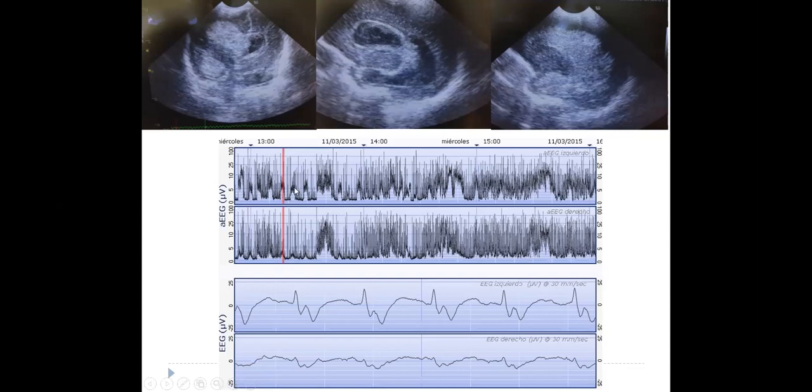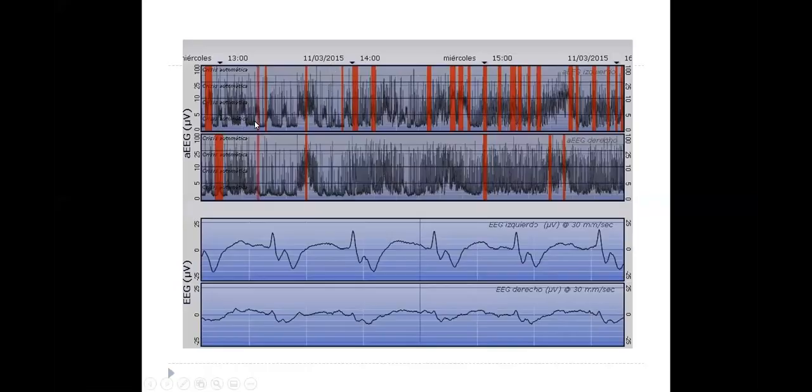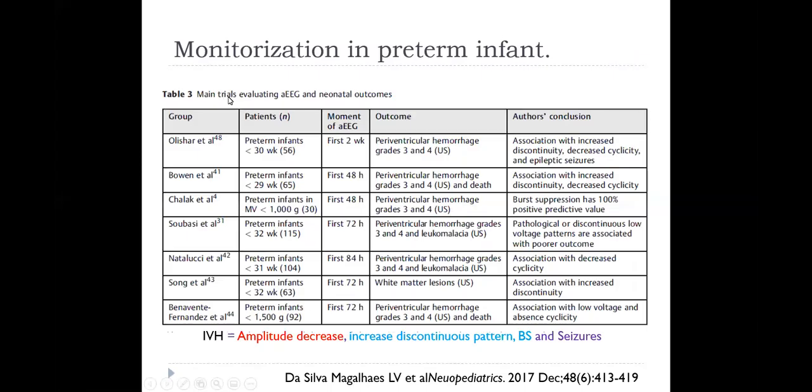This is the main trials evaluating aEEG and neonatal outcomes in preterm infants. You can see 1, 2, 3, 4, 5, 6, 7 trials, and the age was very similar, mainly below 38 weeks.